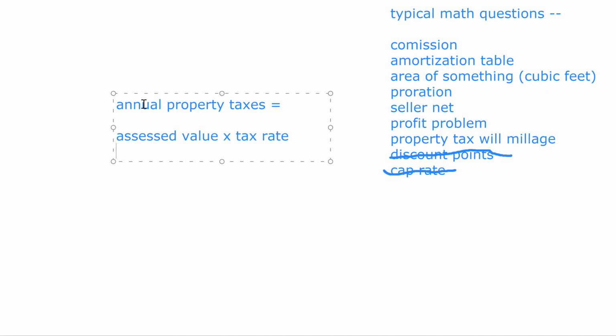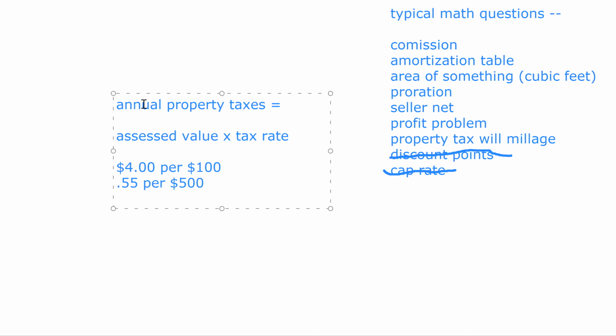Now, the tax rate is represented a couple of different ways. Sometimes it's represented as a rate of $4 per 100. I've seen 55 cents per 500, that's a nice low one.